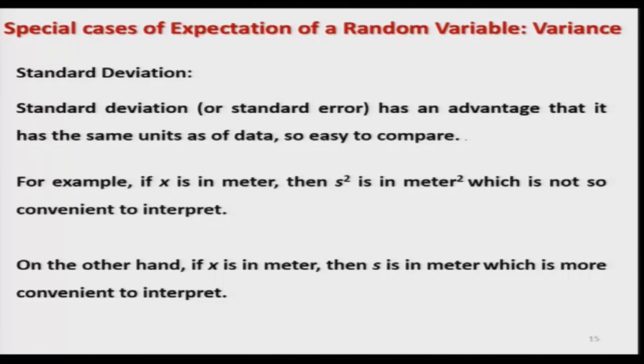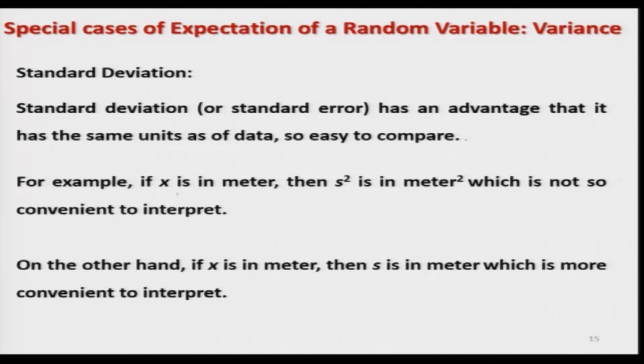Now, one question comes up: why do you need the standard error and sample variance? The reason is very simple from the application point of view. When you are trying to measure some random variable or get data on some random variable, it will always have some units.